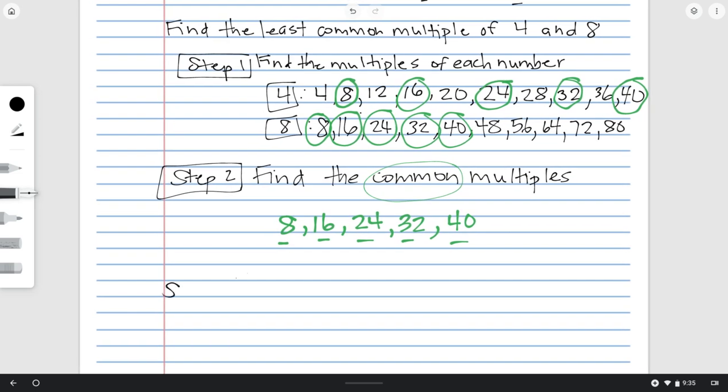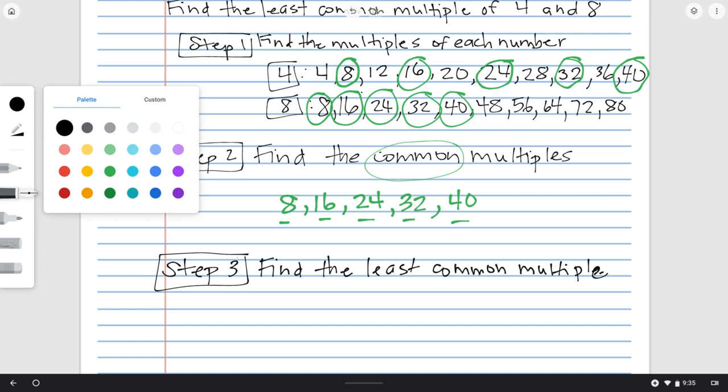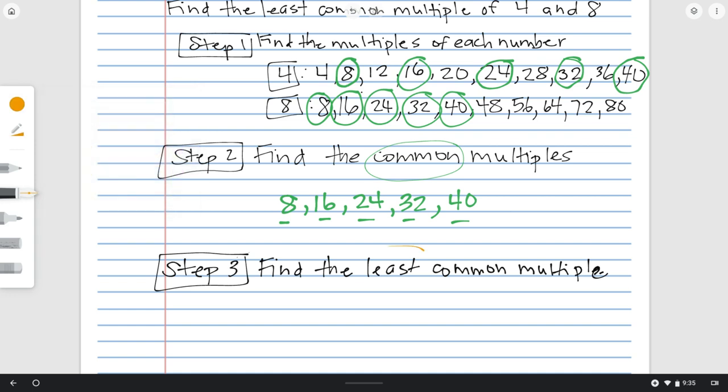Our last step here, step 3, is to find the least common multiple. So of the list above, let me do this in orange. Of the list above, which one is the least?